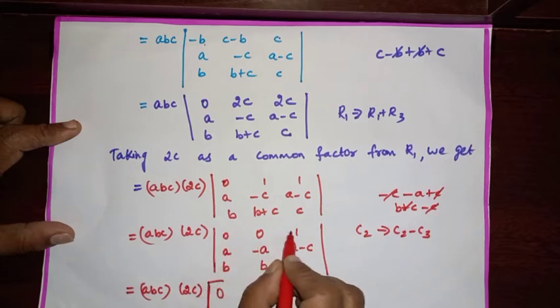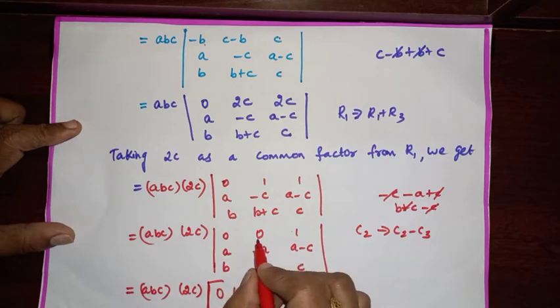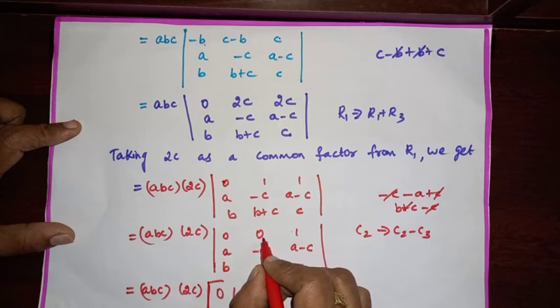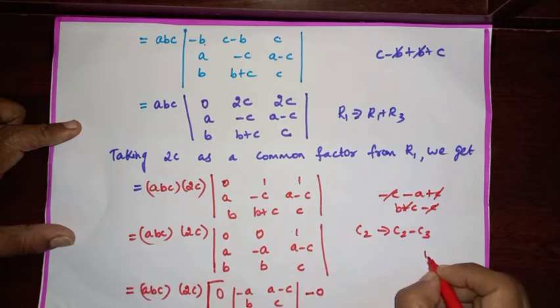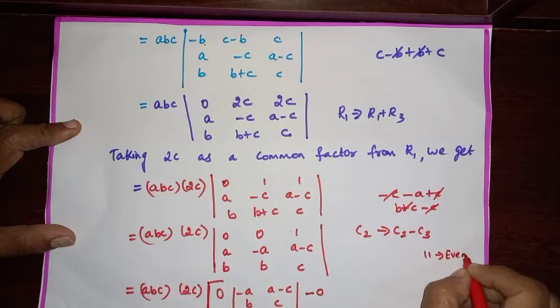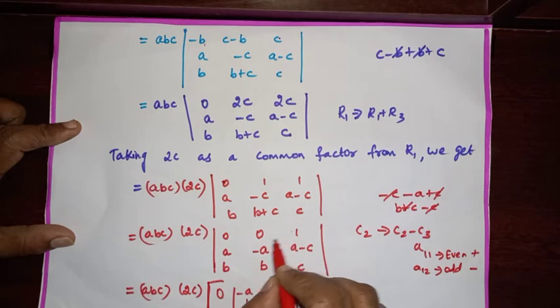So we delete the first row and the first column, and we have the submatrix minus A, C, B, C. Next, the 0 stands in place 1, 2, so we delete the first row and second column. The sign here is negative, because 1 plus 1 is even so we use a positive sign, but 1 plus 2 is odd, so we write a negative sign. Minus 0, deleting the first row and second column.